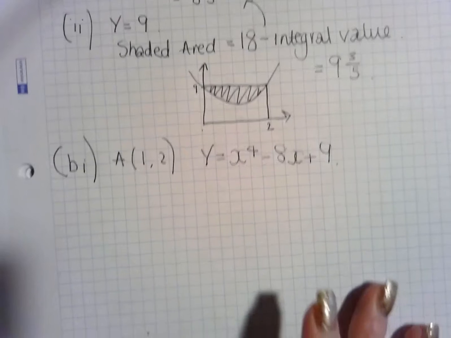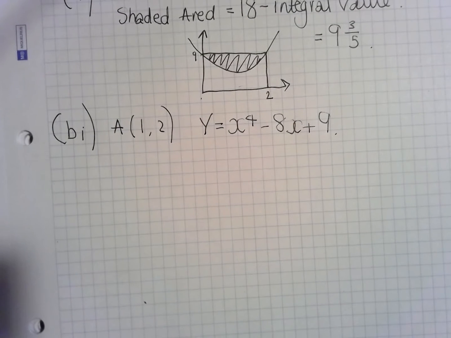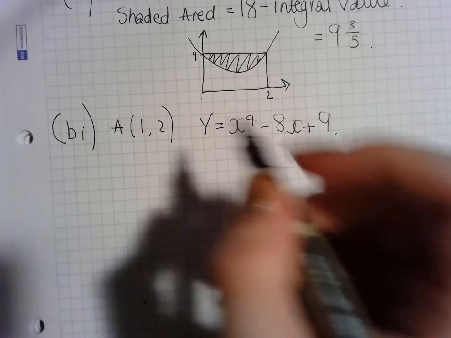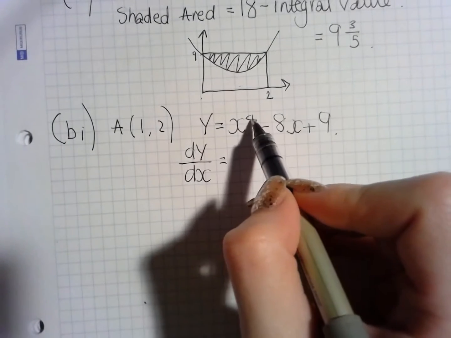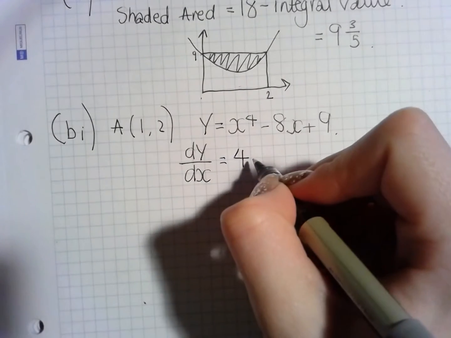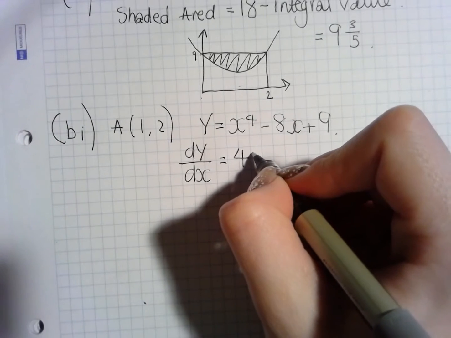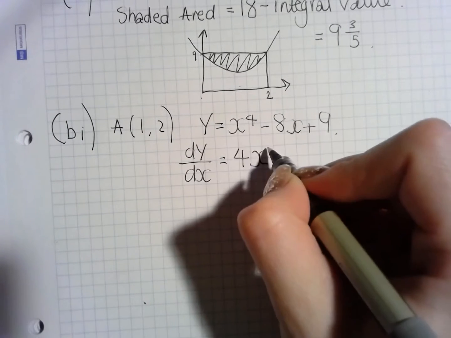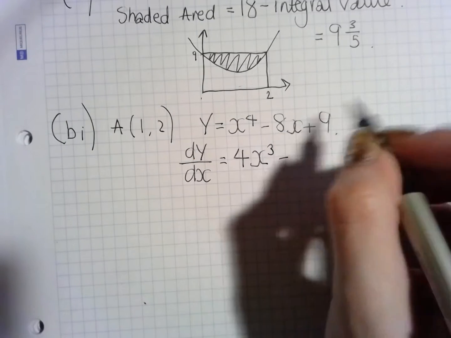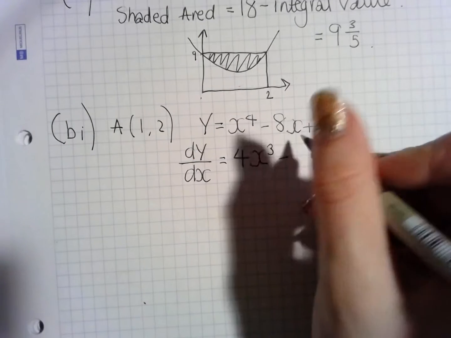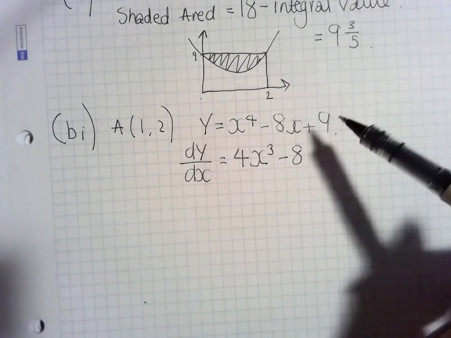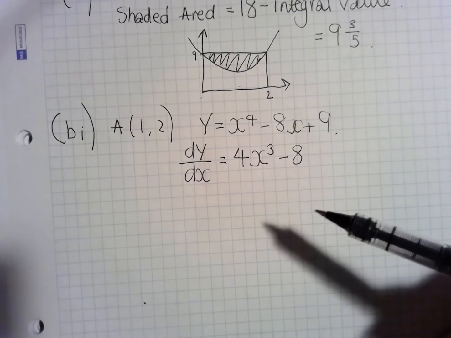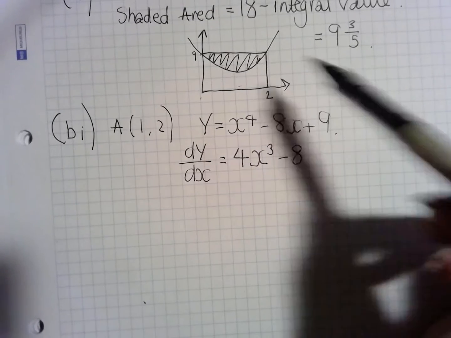Find the gradient of the curve at the point A. So what we want to do here is differentiate. dy over dx equals: you times by the power, so 4, keep the x, and take 1 away from the power. Again, times by the power, so 8, and the x completely disappears, and a constant disappears. So this is your value differentiated.